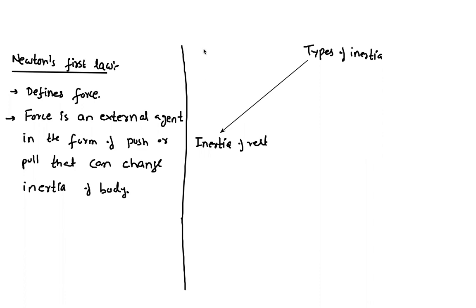In this example, you will see that a body tries to maintain its state of rest. See, this is a man. He's standing on the floor, and this bus is at rest.